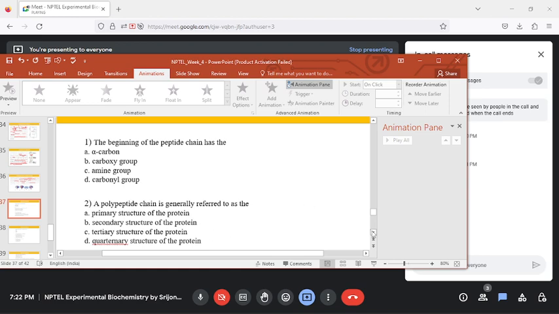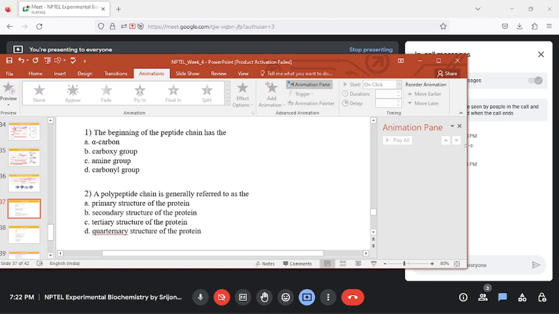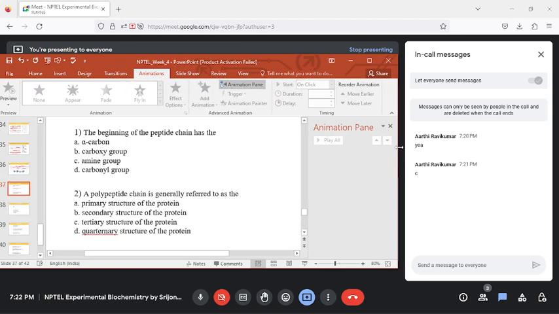Okay. Now the next question says, a polypeptide chain is generally referred to as the. So whether it comments on the primary structure of the protein, the secondary structure, the tertiary structure, or the quaternary structure.